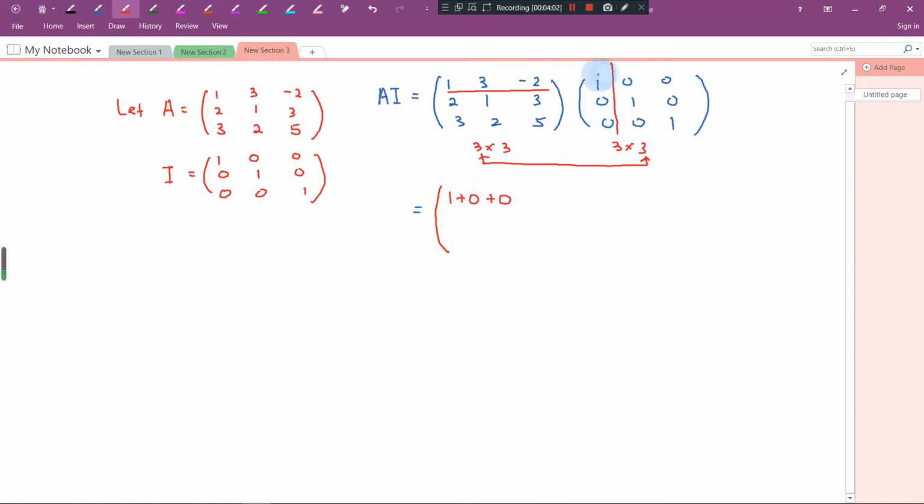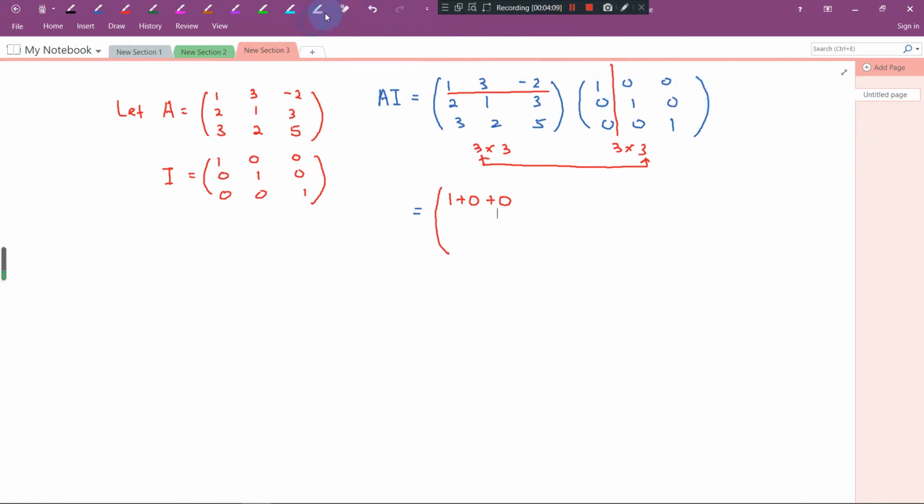Now let's proceed to first row, second column. Now we are going to write the element for the first row and second column, which is not here but here. 1 times 0, you get 0. 3 times 1, you will get 3. Negative 2 times 0, you get 0.